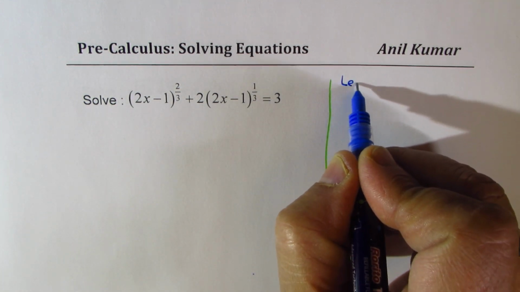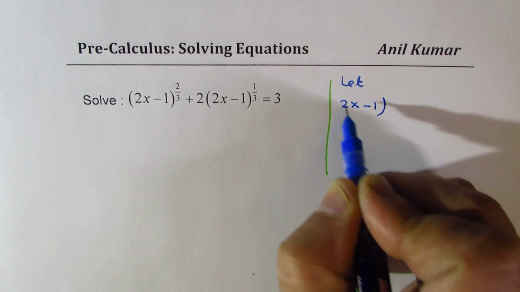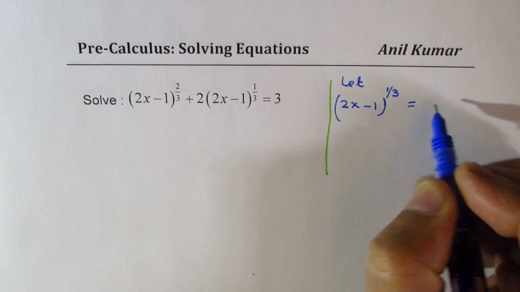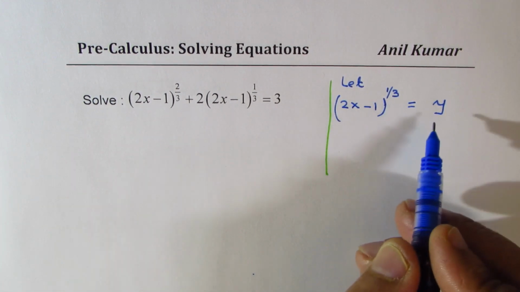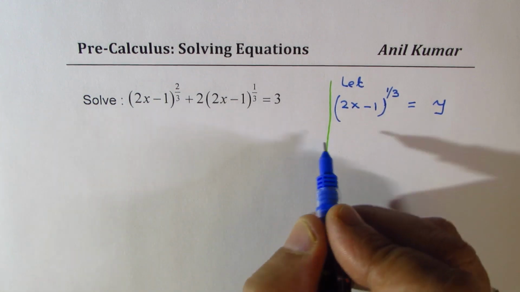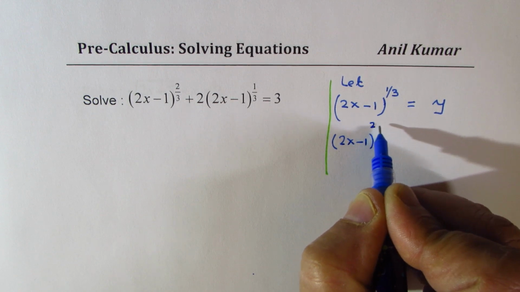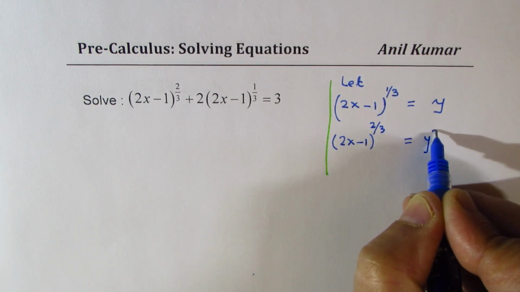So we can say let 2x minus 1 to the power of 1 over 3 be equal to some variable, let us say y. Now in that case, what will the first term be, which is 2x minus 1 to the power of 2 over 3? Now this is square of that, correct? So that would be y square.